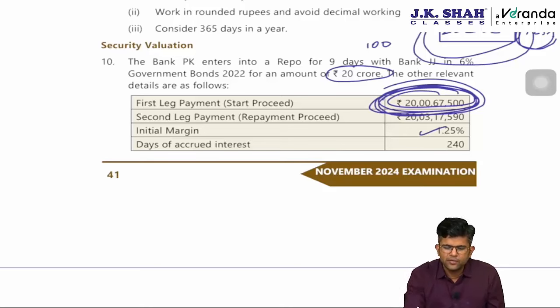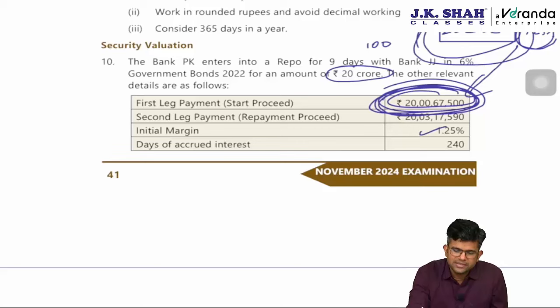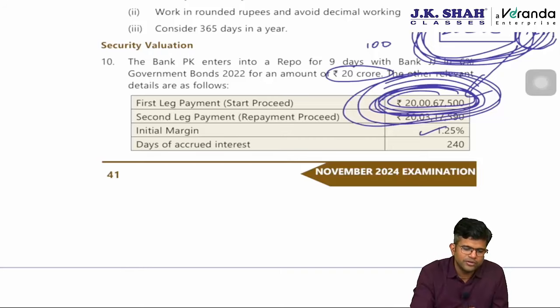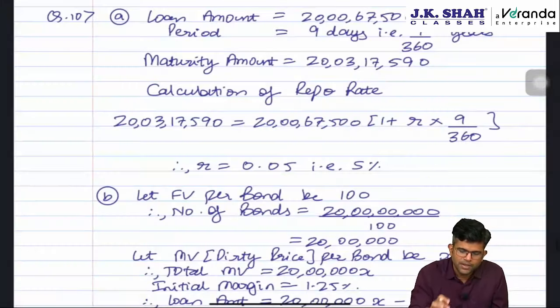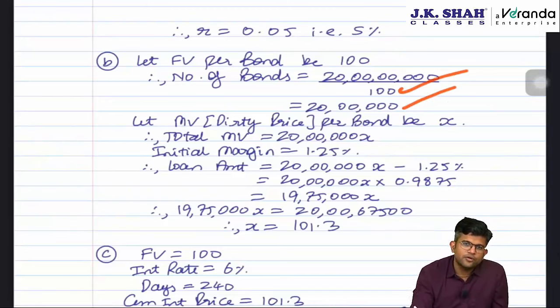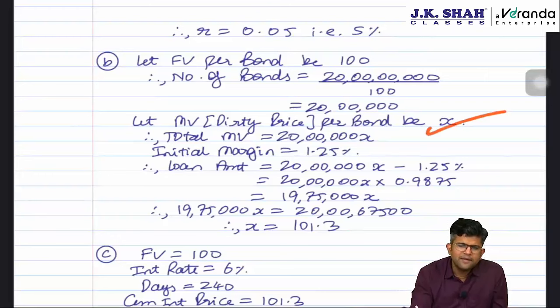So you have to simply equate these two equations. This is the loan amount that JJ will give. We know the loan amount is 20 crore 67,500. We can equate both and find the market price per bond. So I have written here, let face value per bond be 100. Can I say number of bonds therefore will be 20 lakh. Market value per bond, let it be X. As we discussed, 20 lakh X will be the total market value.